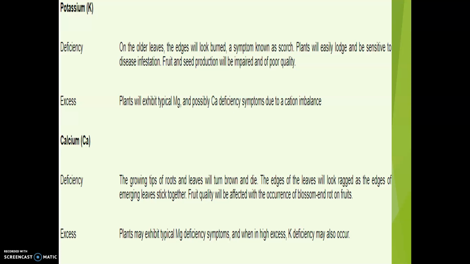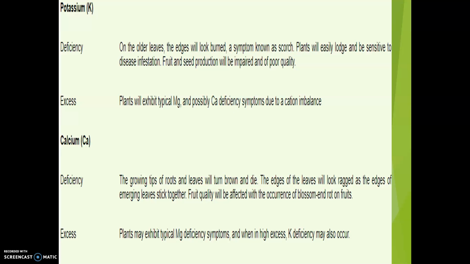Due to the deficiency of potassium, the plants are more susceptible to diseases. Then the fruit and seed production will be impaired and of poor quality. So potassium not only makes the plant easily susceptible to disease, it also affects the fruit and seed quality.